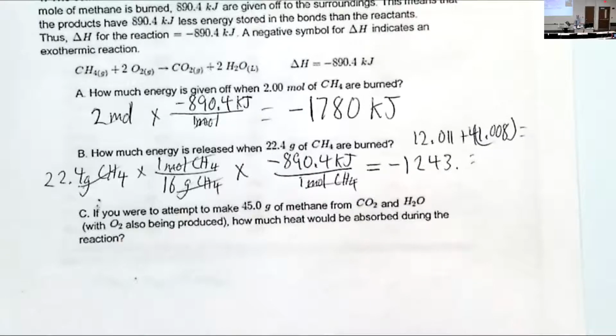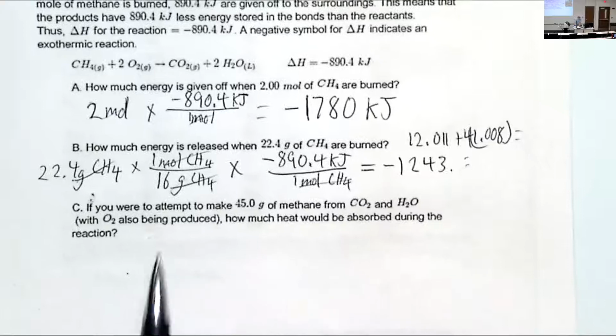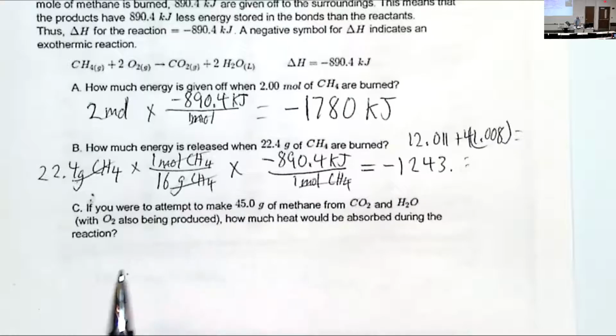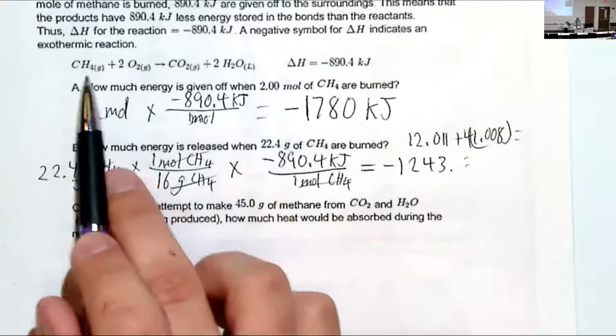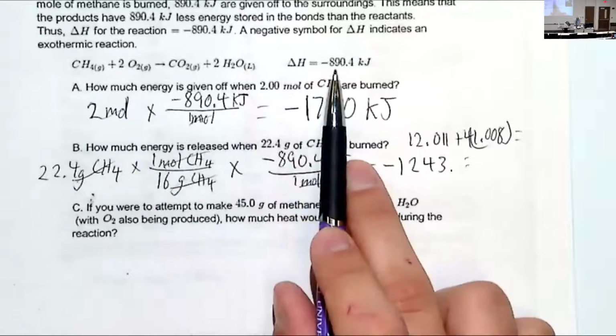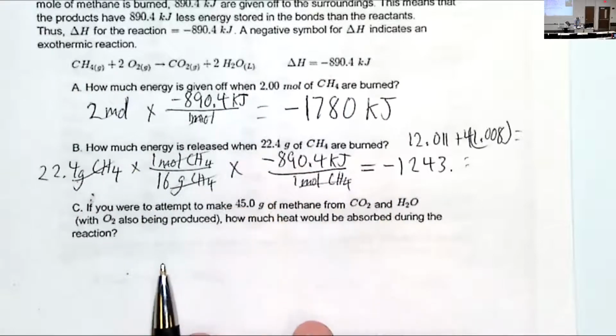Okay, so basically what is happening is they've just written out our reaction in word form, and we got to find out what our reaction is, because in the first part, they gave us the reaction up top. And so now we need to create our reaction with what they've provided.